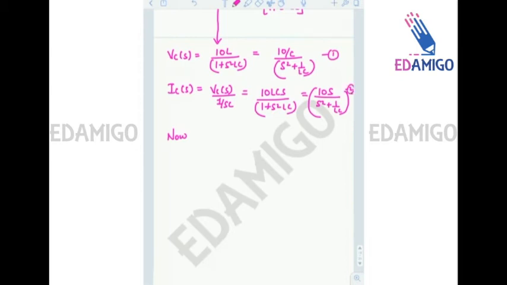Now equation number 2, if you can recall, then you know that sin omega naught t u(t) Laplace transform and cos omega naught t u(t) Laplace transform, you can easily recall.